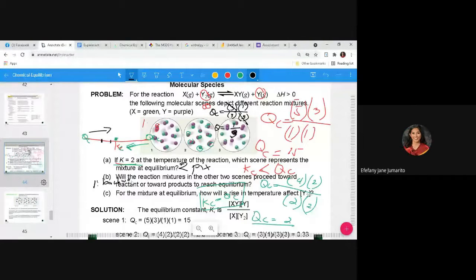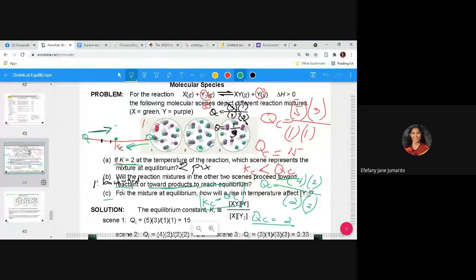Now picture 3 will move forward, toward the products.